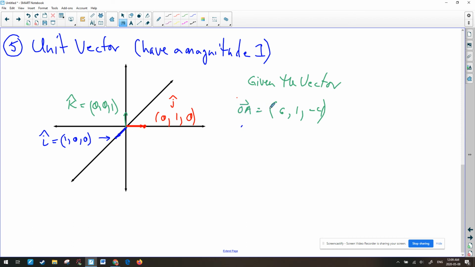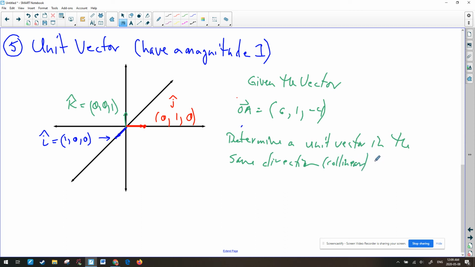Imagine that I said determine a unit vector collinear, in the same direction as OA, right?